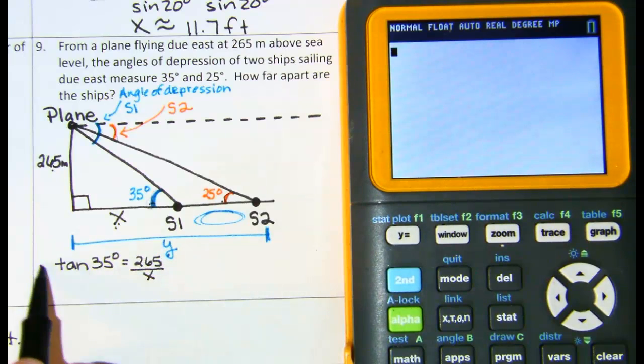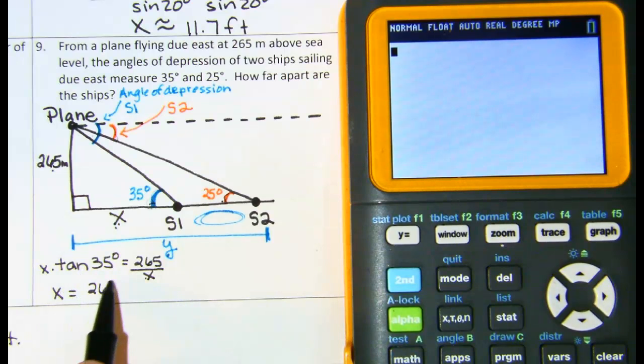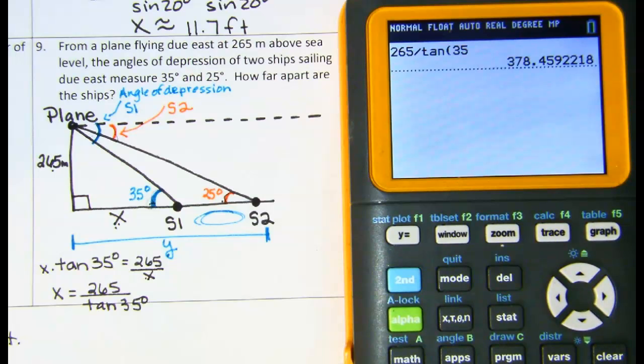If I cross multiply and then divide, I get x equals 265 divided by tangent 35 degrees. So 265 divided by tangent 35, and I get x is approximately 378.5, still in meters.